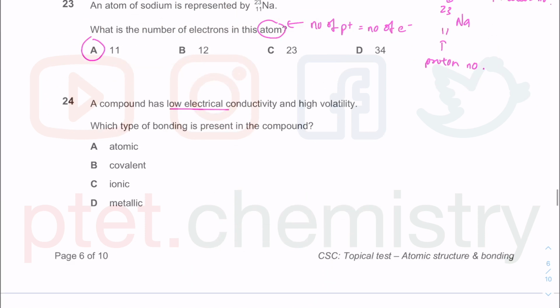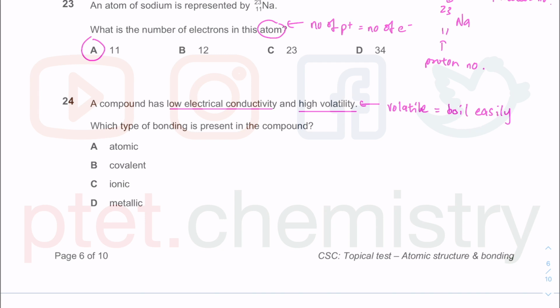Low electrical conductivity, does not conduct, so therefore it is not, hang on. What can we say here? High volatility. This is playing around with the English word. Volatile means boil easily. So a volatile person is a person who gets angry easily, who boils off easily.